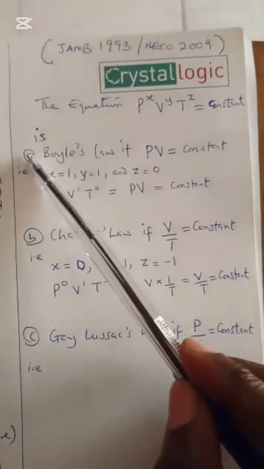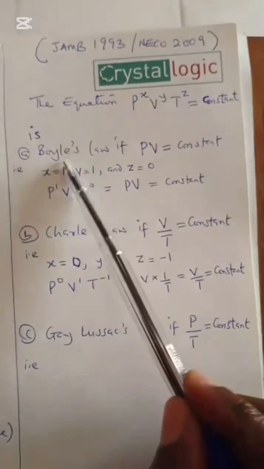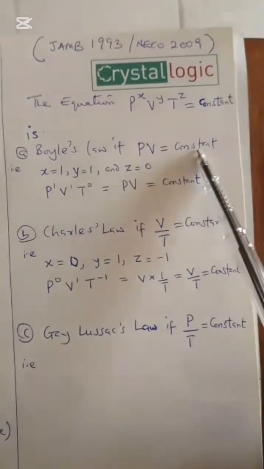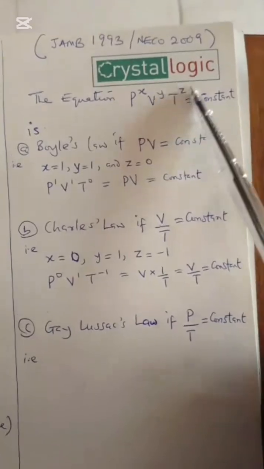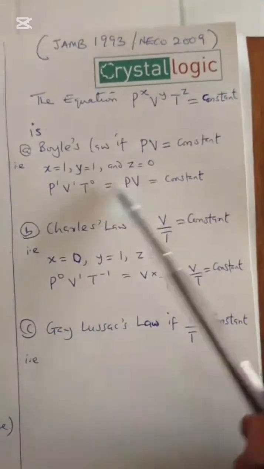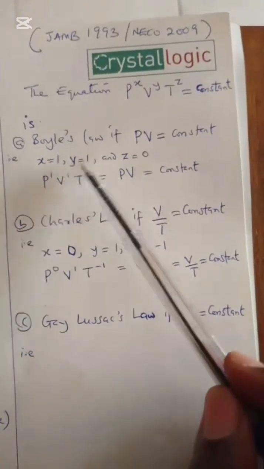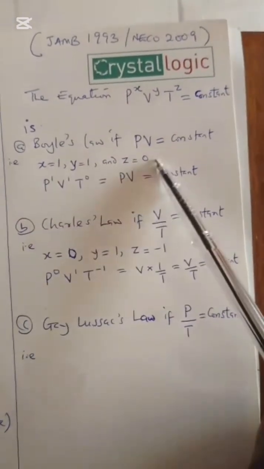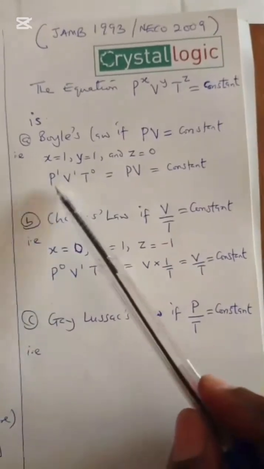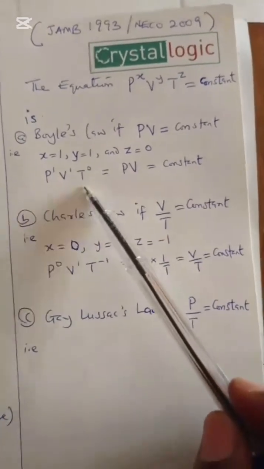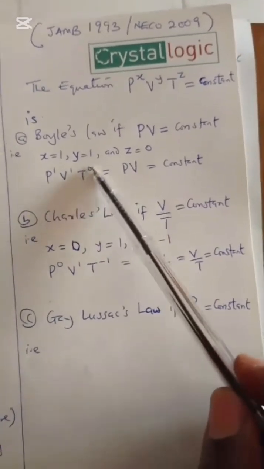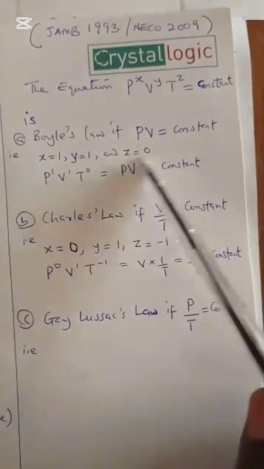A: this equation is Boyle's law. If PV equals constant, T has to disappear. So X should be 1, Y should be 1, and Z should be 0. Remember your law of indices: P power 1, V power 1, T power 0. T power 0 just becomes 1, so it becomes just PV.